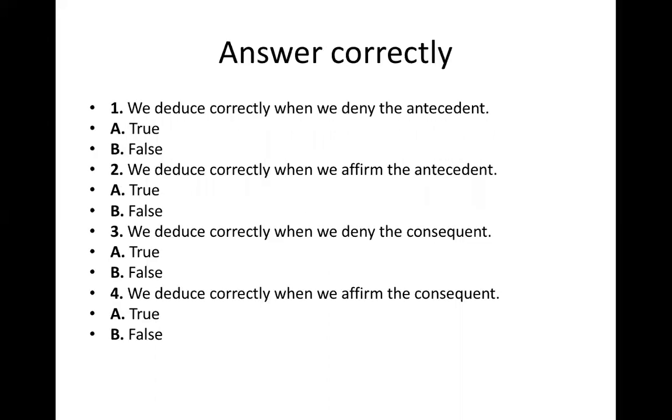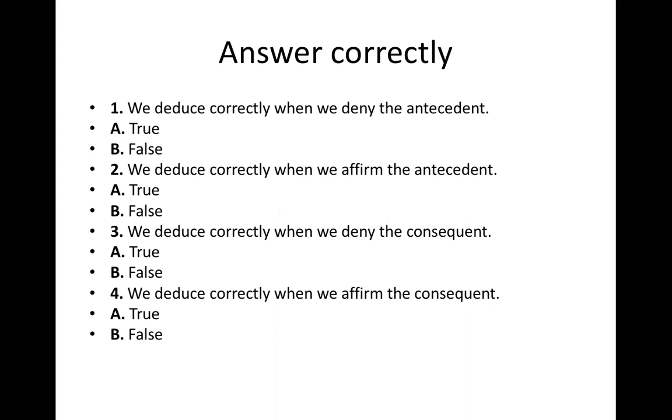Now answer correctly. We deduce correctly when we deny the antecedent, true or false? When we deny the antecedent, do we deduce correctly? We said that denying the antecedent is invalid, so it is false.